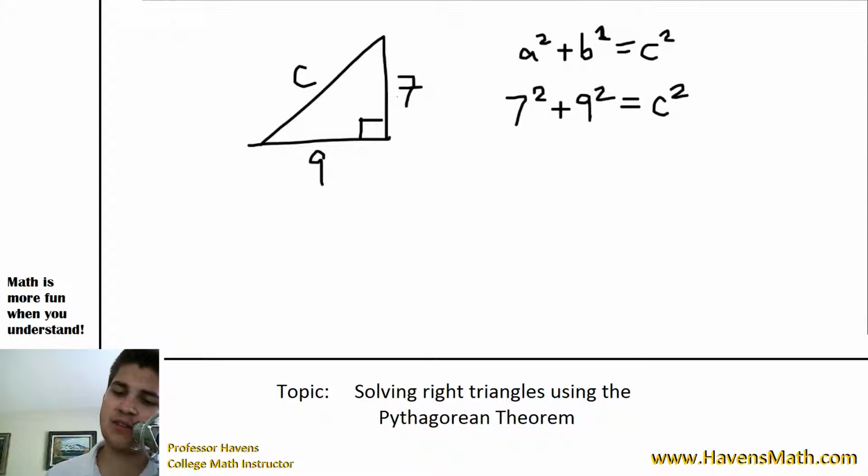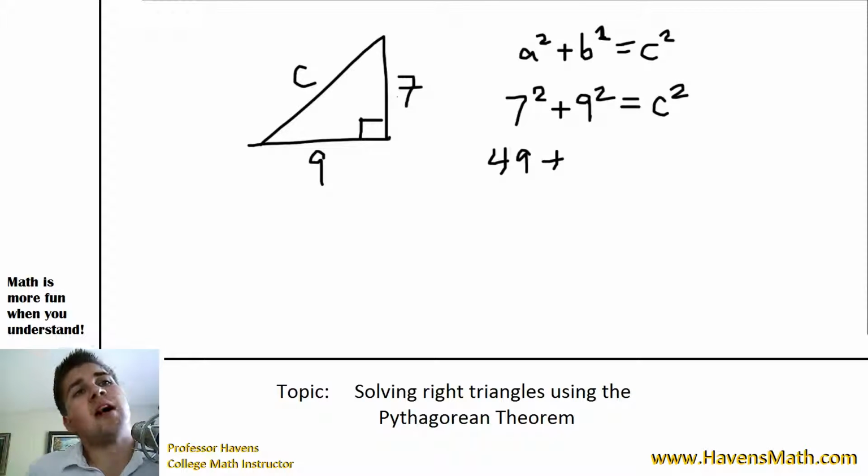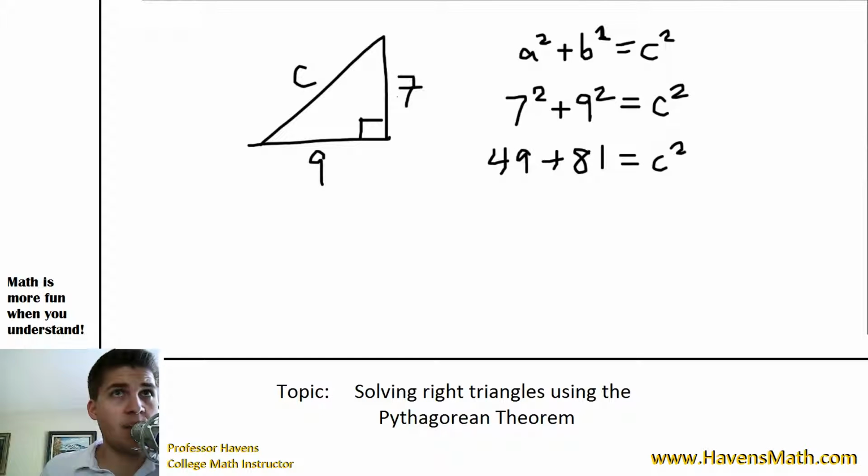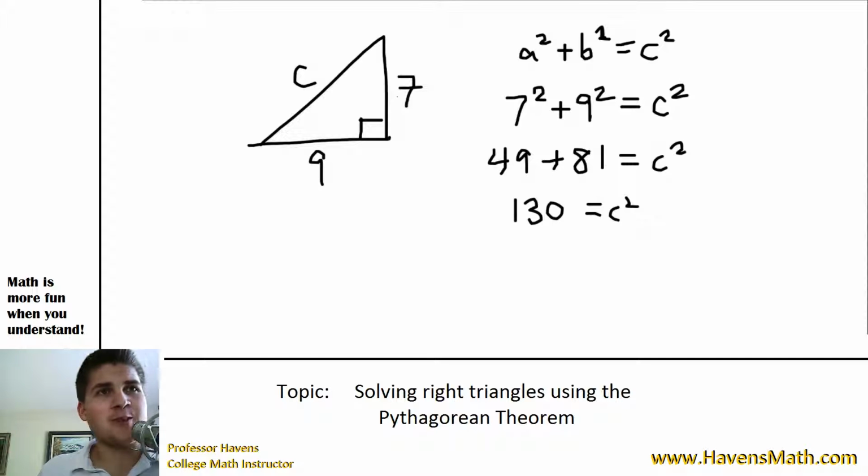So in this case, 7 squared is 7 times 7, 49. 9 squared is 9 times 9, which is 81. And so in this case, our third side squared has to be the sum of 49 and 81, which makes 130.